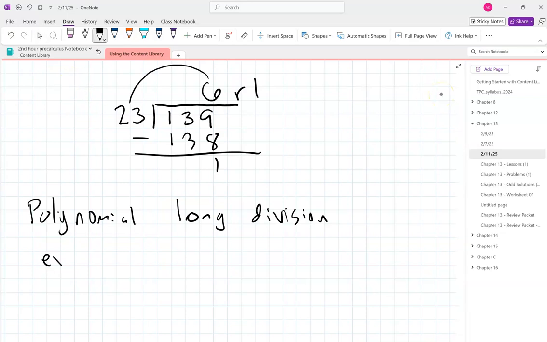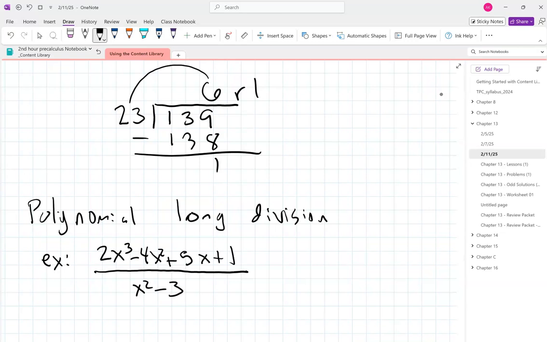So let's say that we have the division problem like this. So 2x cubed minus 4x squared plus 5x plus 1 divided by x squared minus 3.